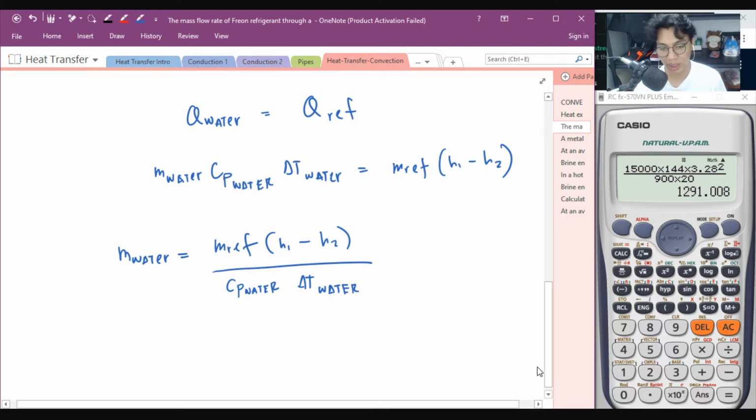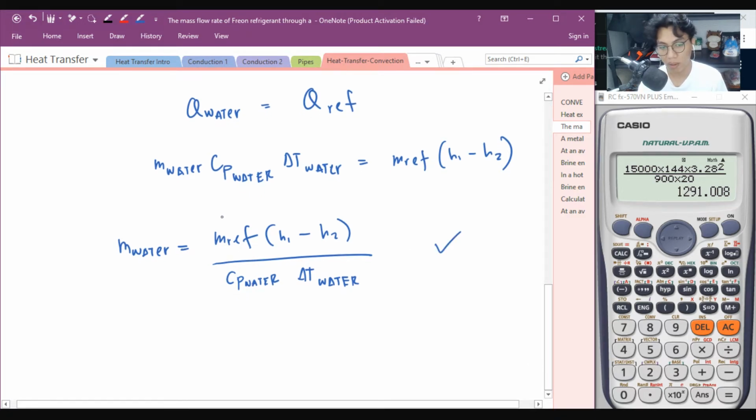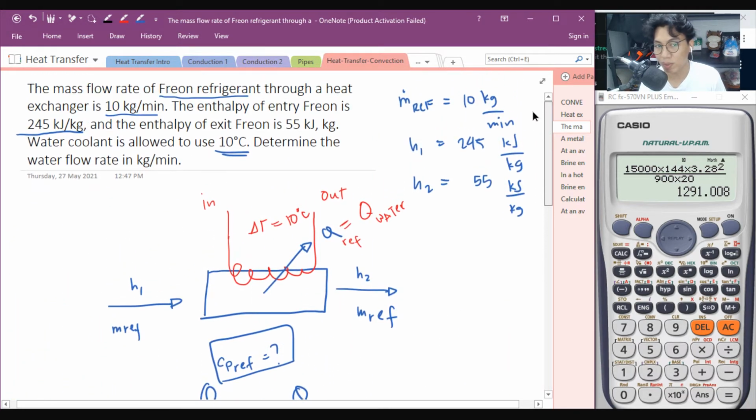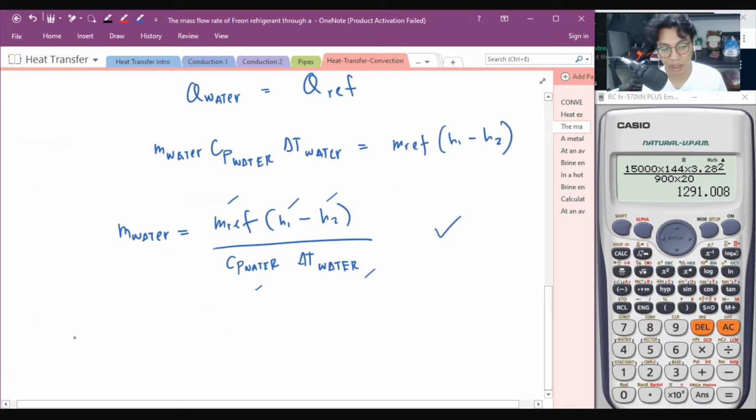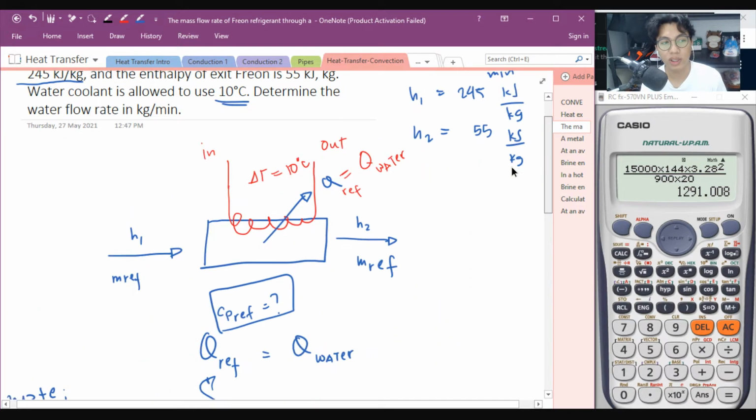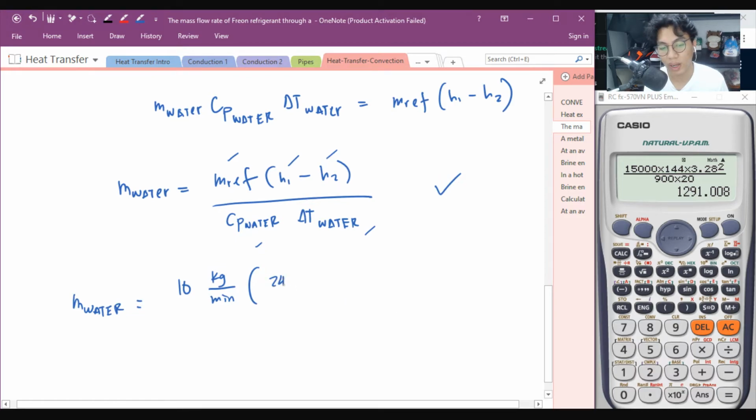Meron na tayong working equation. Okay. Meron tayong M ref, meron tayong H1, H2, Cp ng water, that is constant, and then delta T given naman. We can now solve for the value of the mass flow ng water. So you are given there yung M ref, that is 10 kg in every minute. Yung H1, that is 245 and H2 55. 245 minus 55 kilojoules in every kilogram.